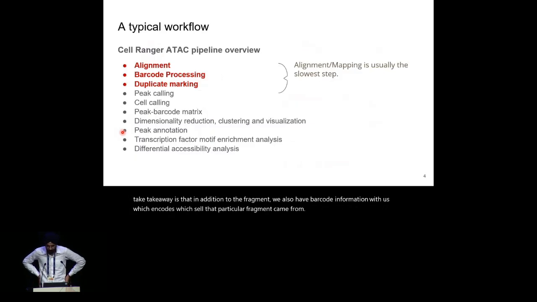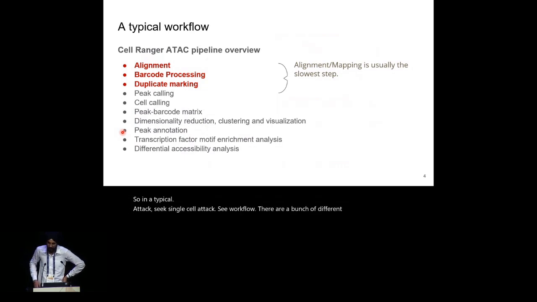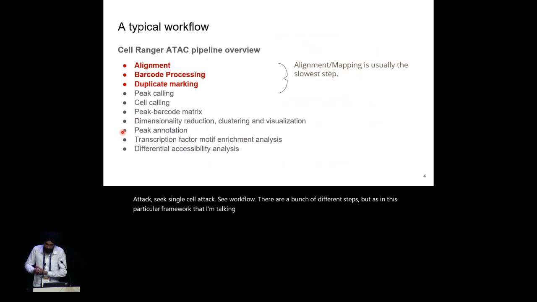In a typical single-cell ATAC-Seq workflow, there are a bunch of different steps, but in this particular framework, we care about the top three steps. And in this entire set of steps, alignment and mapping is a key part because it is usually the slowest step in terms of computation.